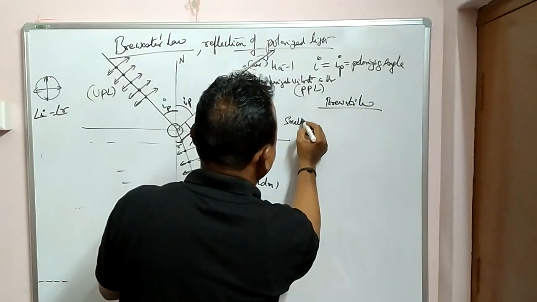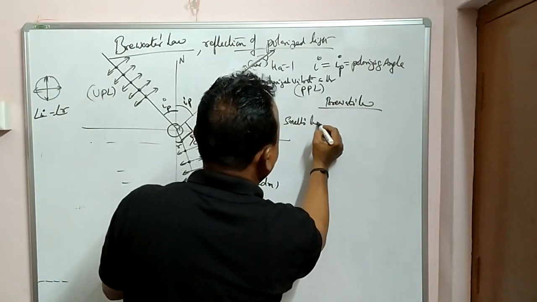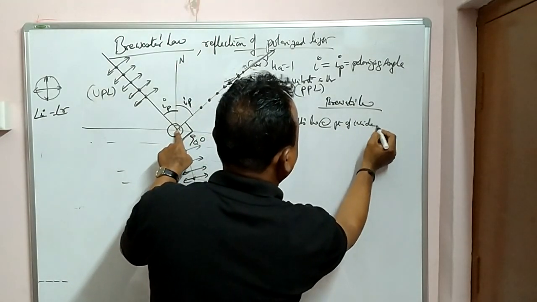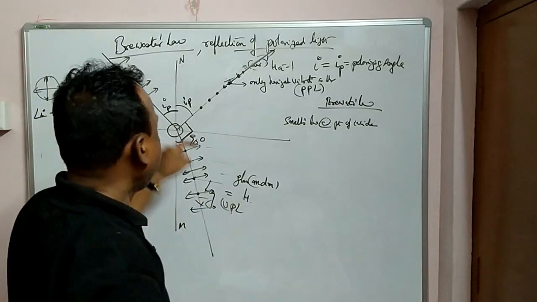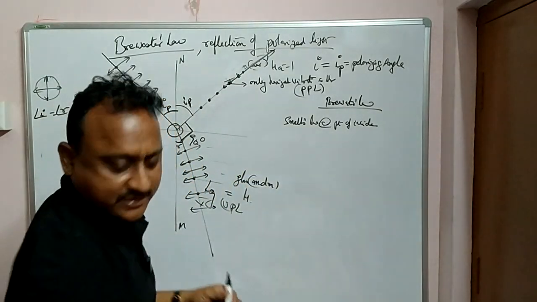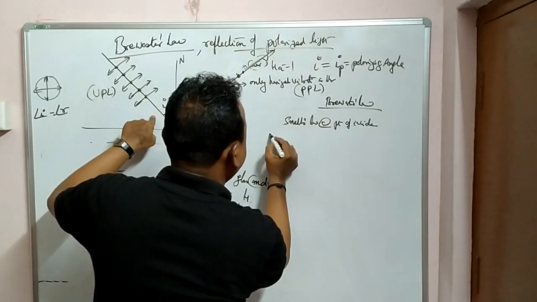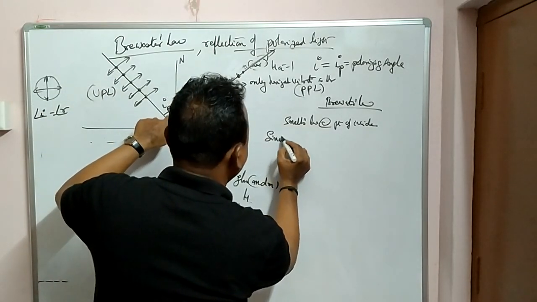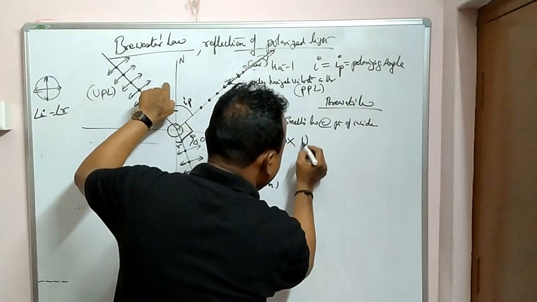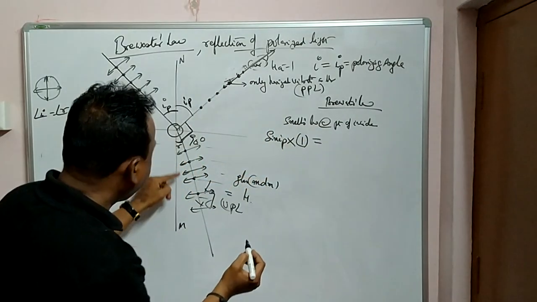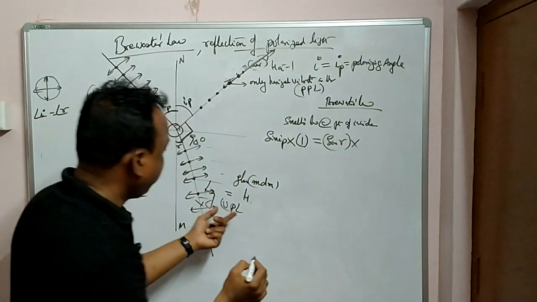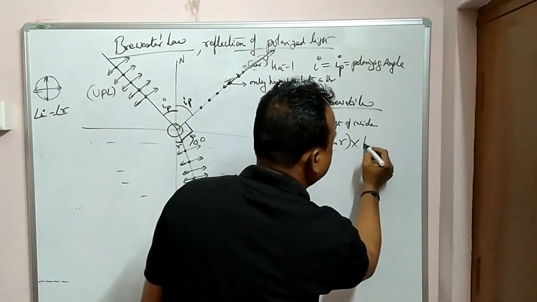Snell's law at the point of incidence. What is Snell's law? Sine of angle of incidence, that is IP, in this medium, the refractive index of this medium, air, is equal to sine of angle of refraction in the second medium into the refractive index of that medium, that is mu.